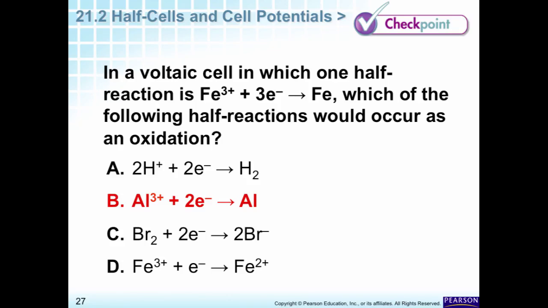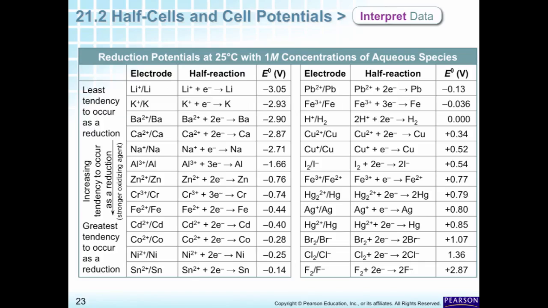That's right, it's aluminum, okay? Aluminum will be oxidized, so aluminum must be higher than iron. Let's go back and make sure that's true. So here's our chart. Let's find aluminum.